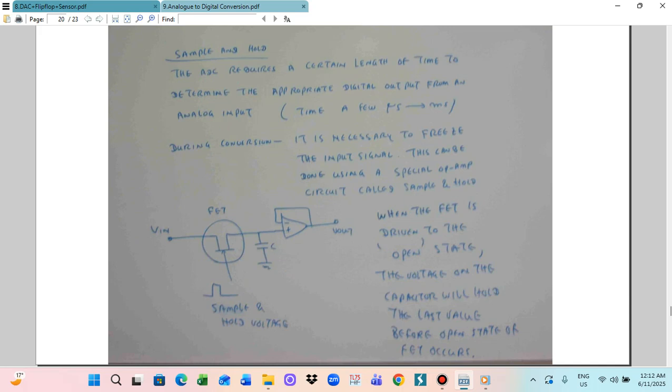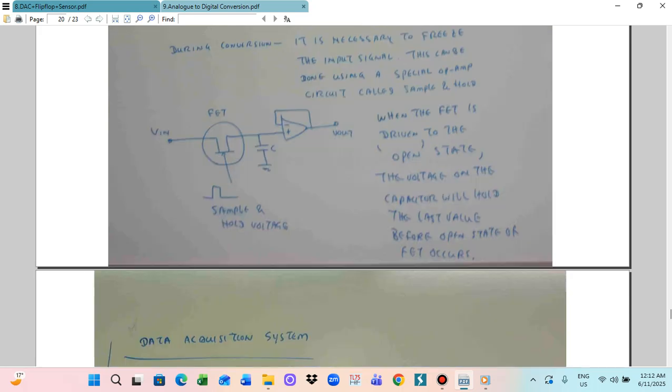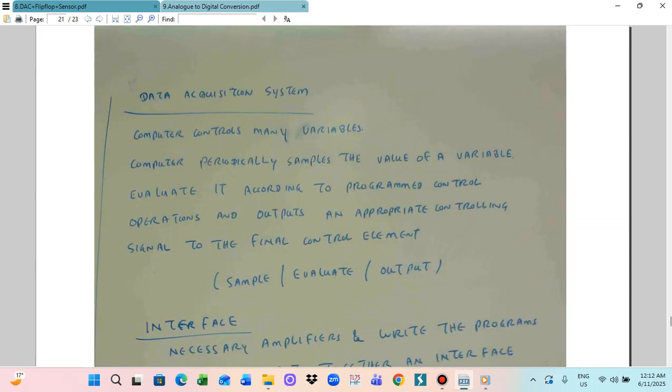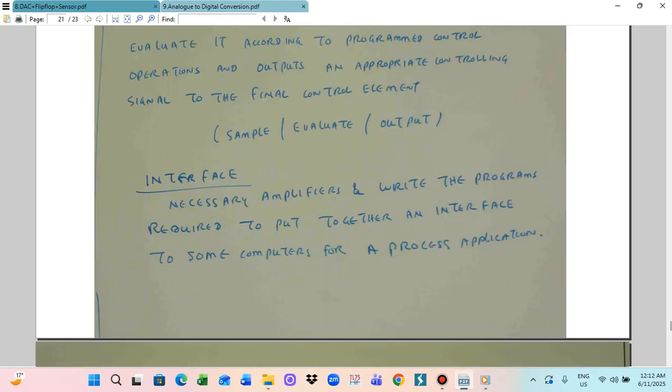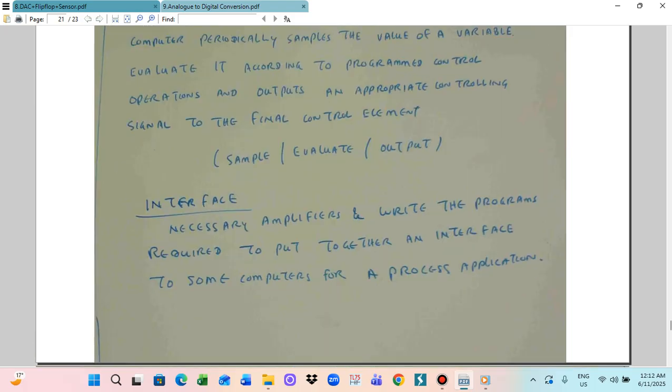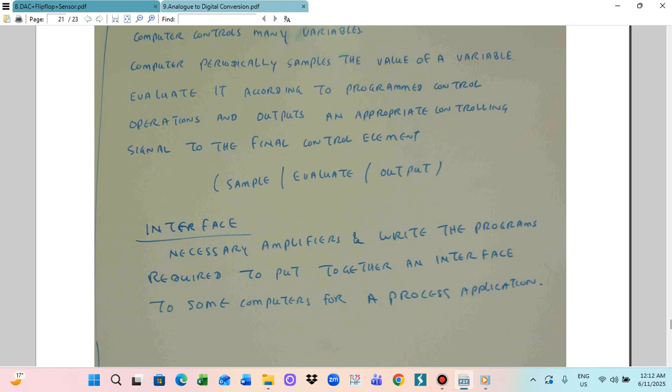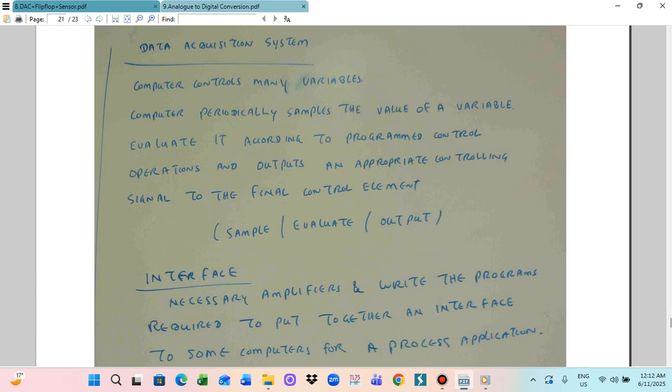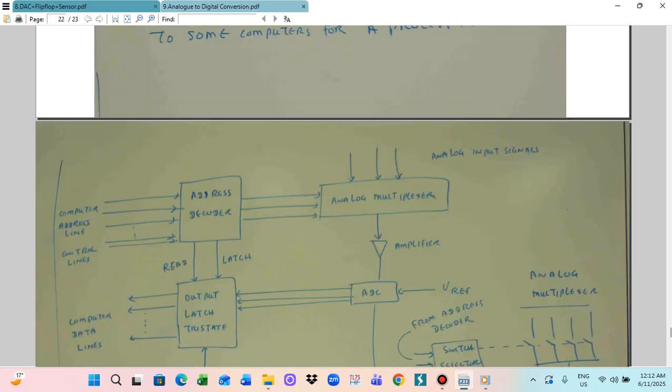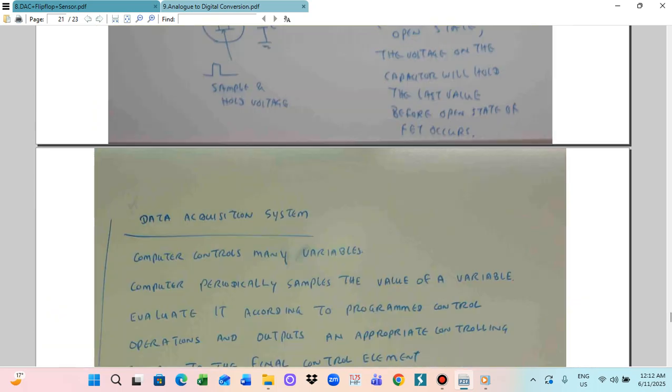We also utilize the interface, which means we have to utilize the amplifier. Appropriate operational amplifiers are also included in the circuit, and we write the program. Those systems, the sample and hold circuit, data input board, and interface, are included in the data acquisition system. I give you the note for those systems.